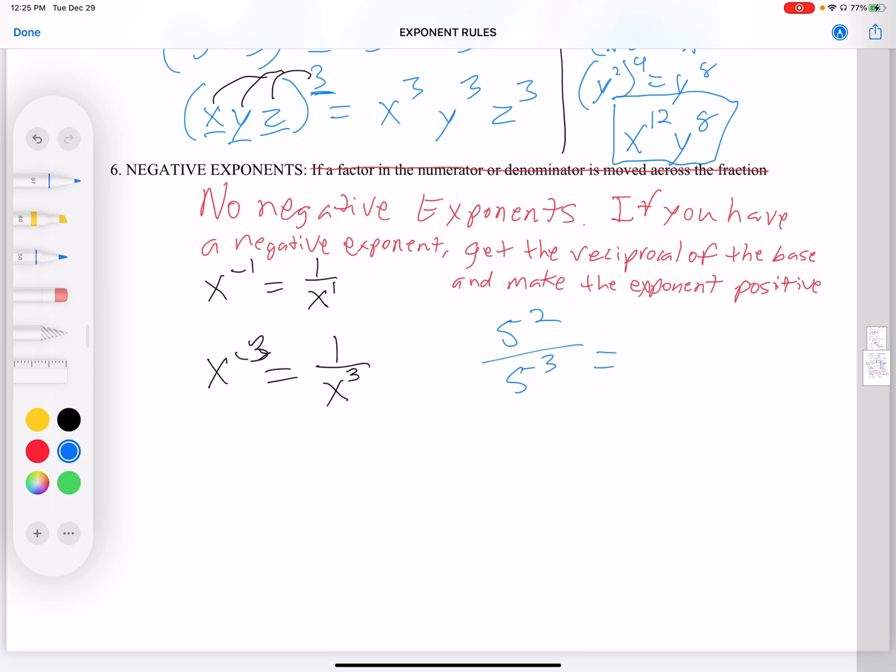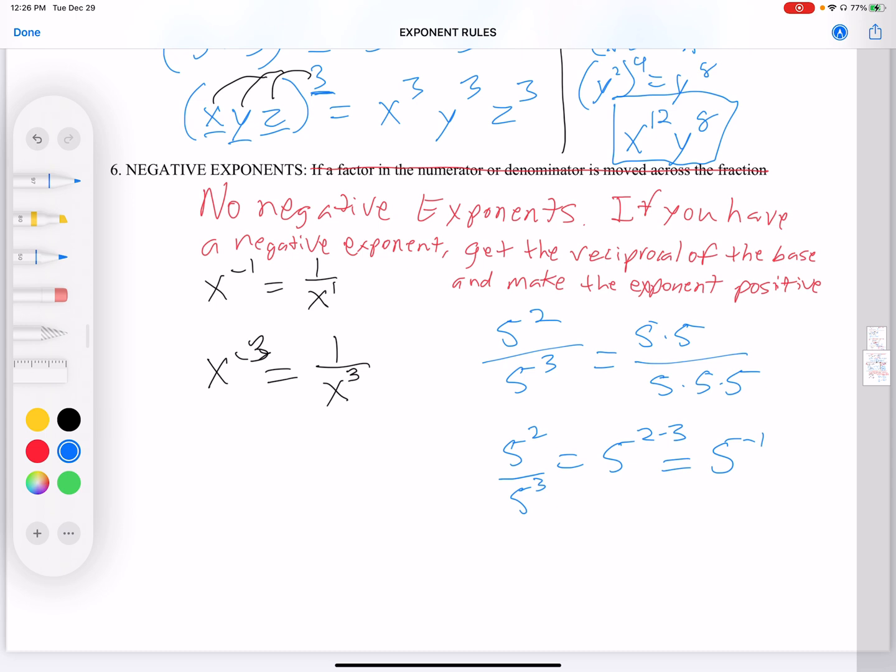Let's expand this. 5 squared is the same thing as 5 times 5. 5 to the third is 5 times 5 times 5. What happens with the quotient rule? It says to keep my base and subtract the exponent of the numerator by the exponent of the denominator. This gives me 5 to the negative 1.